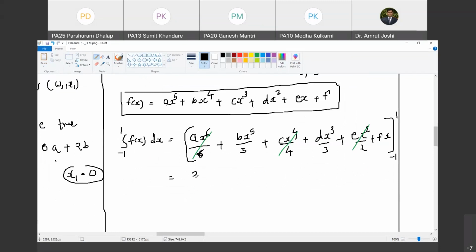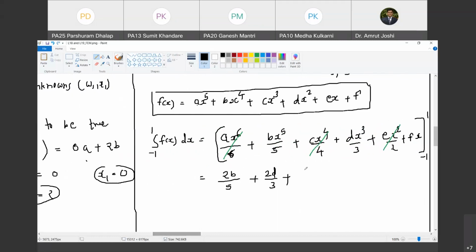So here we will have 2b by 5. Sorry, this is not 3, this is 5. Plus 2d by 3 plus 2f. This is what we are going to have.